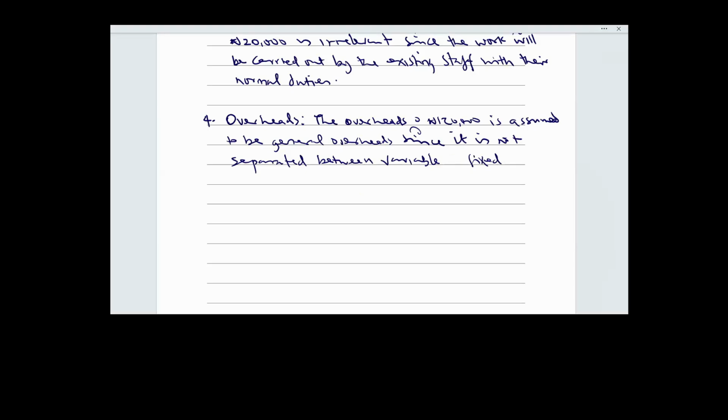Let me use the right word there so that I don't say that's the way I did it in the class. Between variable and fixed overhead. Okay, so that's why we ignore it. The overhead of 120,000 naira is assumed to be general overhead since it is not separated between variable and fixed overhead. Therefore, the overhead is irrelevant to the calculation.